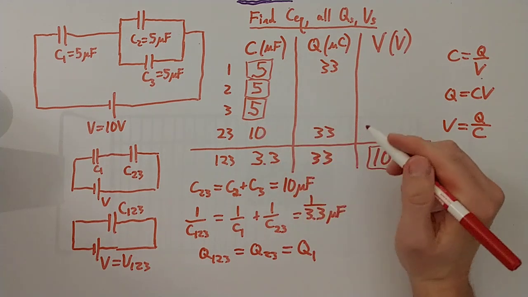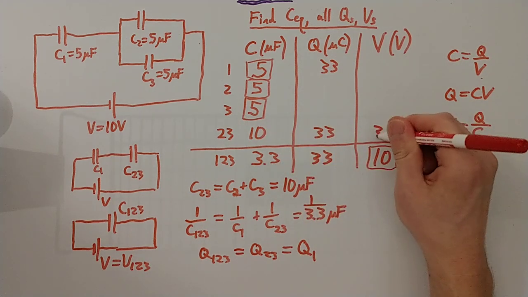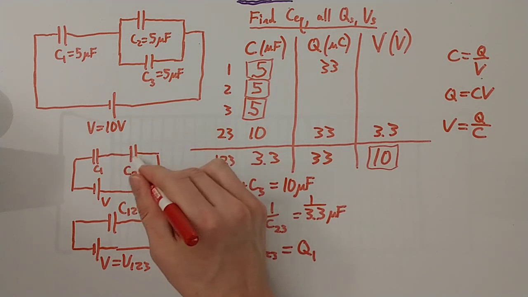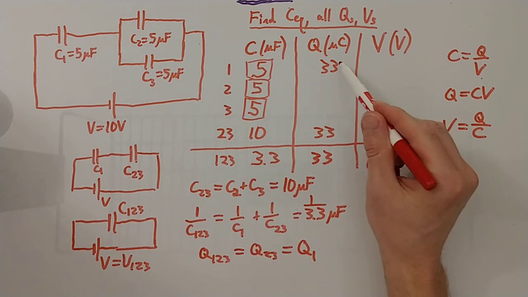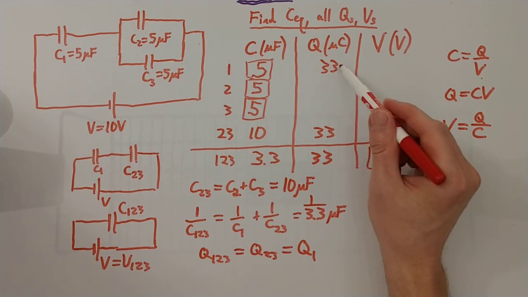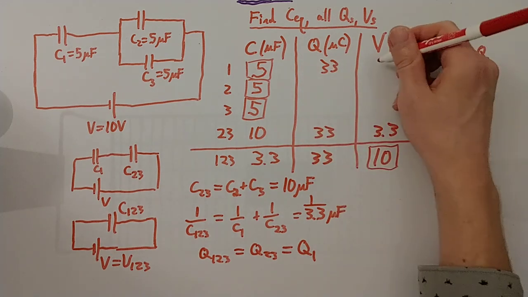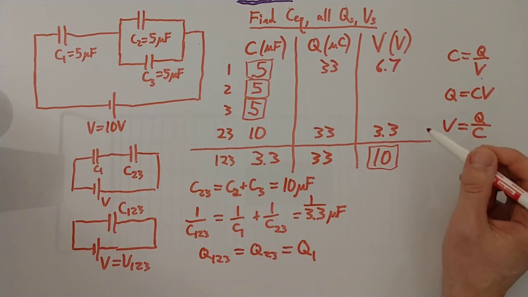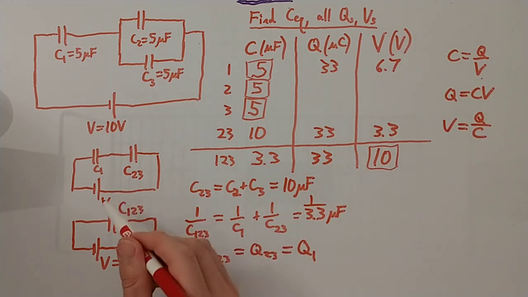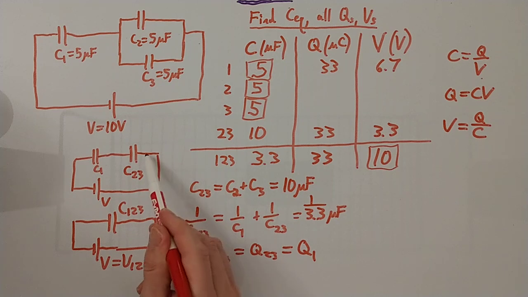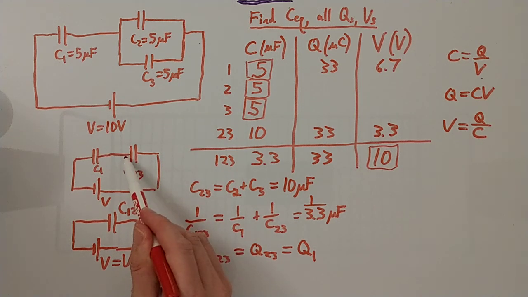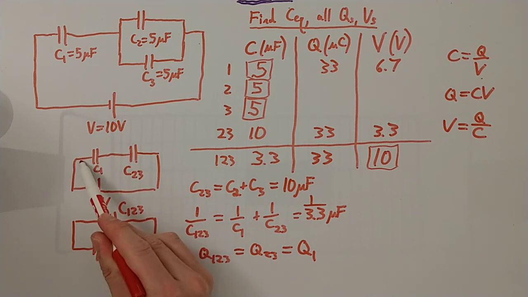So I do 33 divided by 10 here, and I get a potential difference of 3.3 volts across this equivalent capacitor 2,3. And here I'm going to do 33 divided by 5, and that gives me a potential across that one of 6.7 volts. Hopefully this makes good sense: across 2,3 I had a drop of 3.3, and to get all the way down a hill that's 10 high, I would need to go 6.7 more, right?